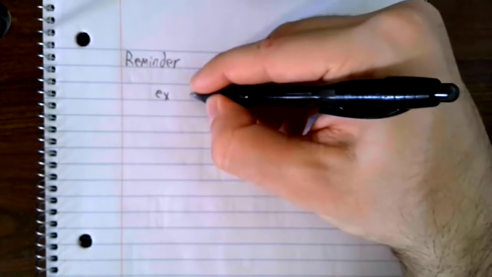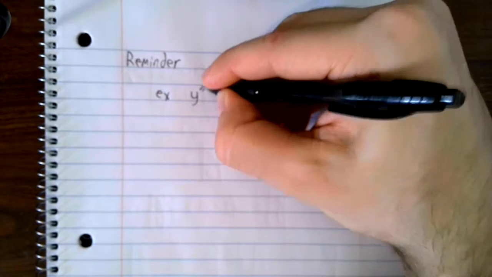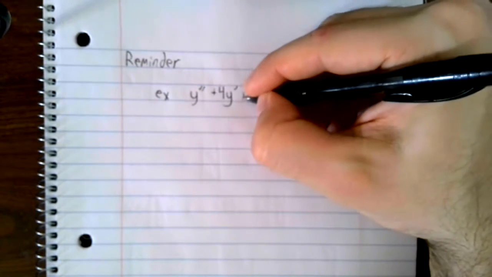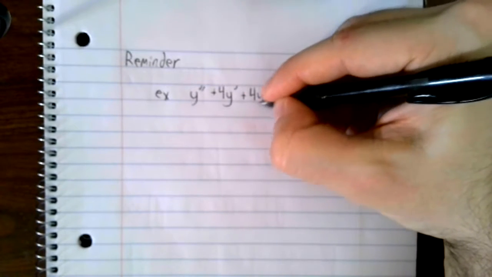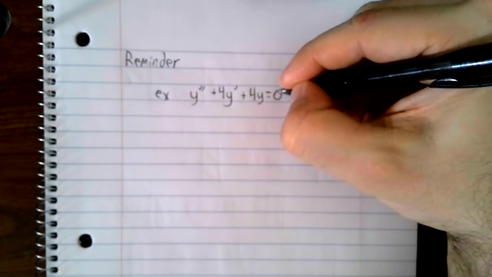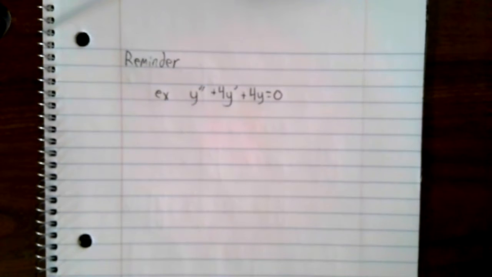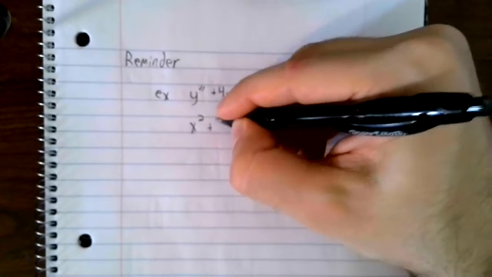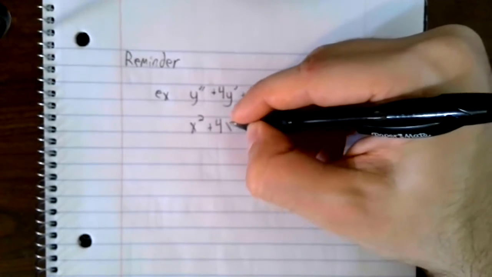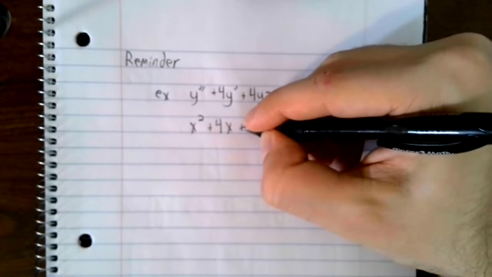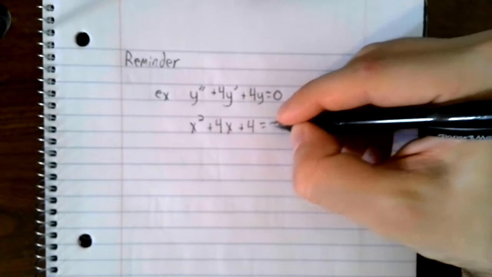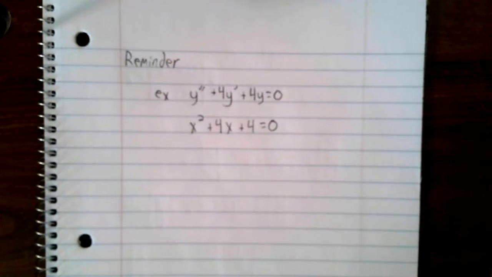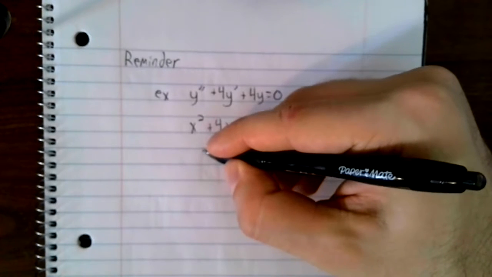For example, y double prime plus 4y prime plus 4y equals 0. We set up the associated equation x squared plus 4x plus 4 equals 0, and we solved it.